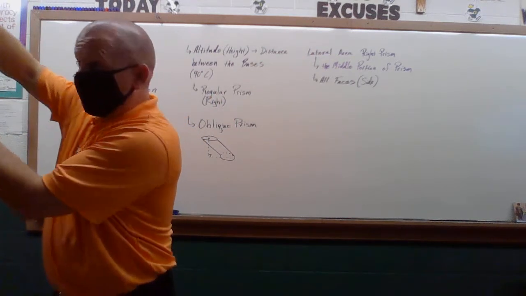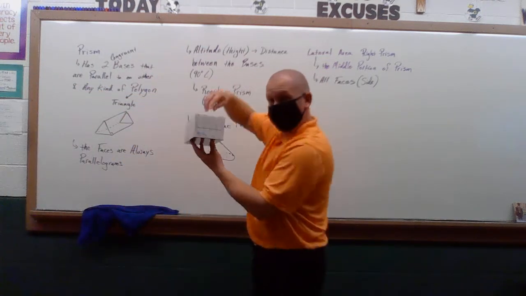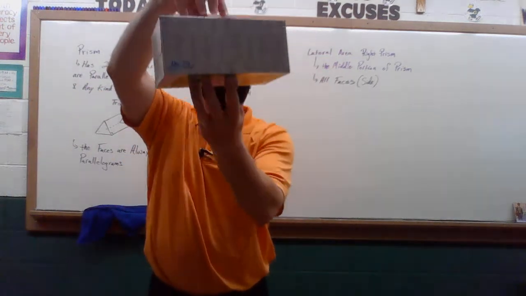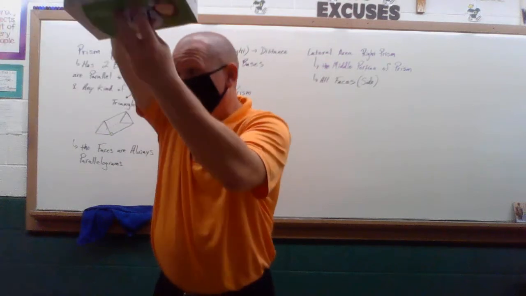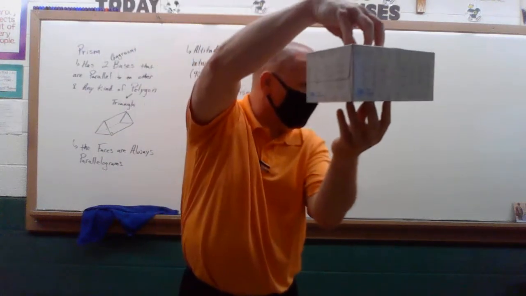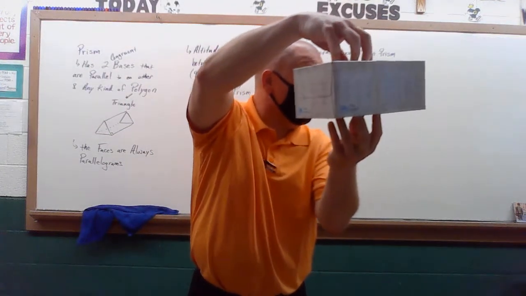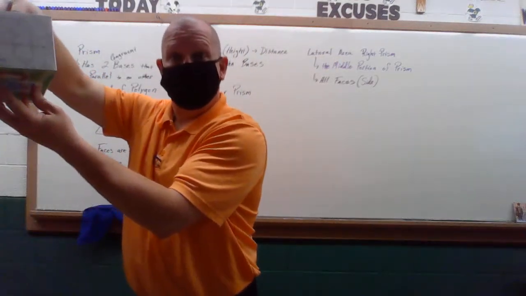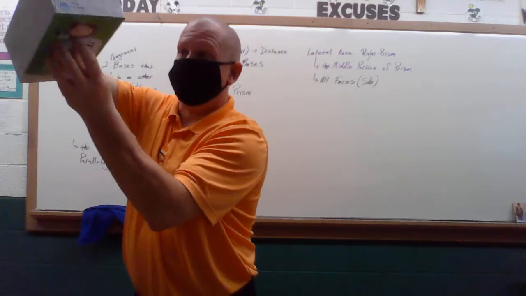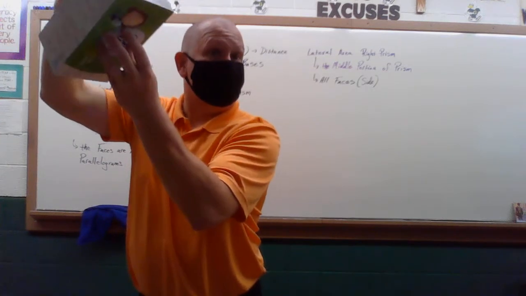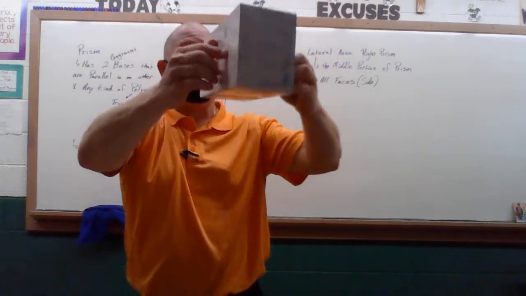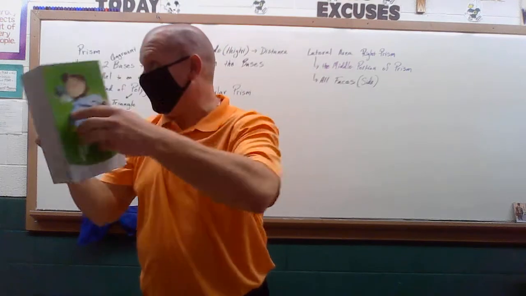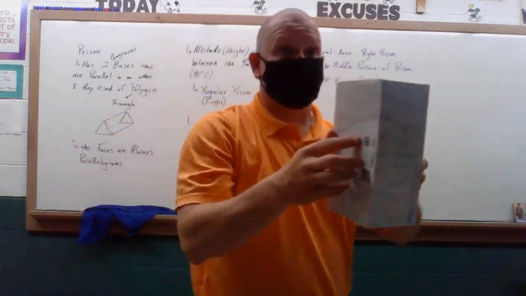Those would be considered the lateral faces of it, right? The top and the bottom, Jazz said, are the bases. So even though they're still rectangles in this example, she considered them the bases. So this one right here and this one down here are bases, so they don't count as lateral faces. The ones that you see as I rotate it like this are all the lateral faces.